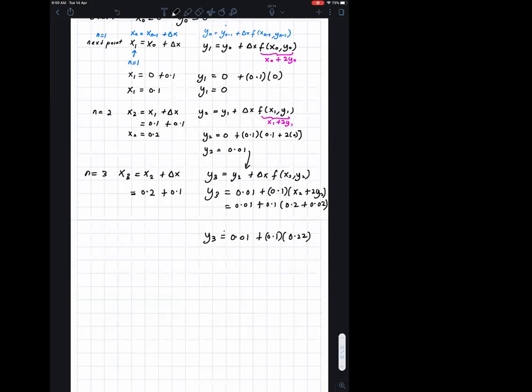Yes, 0.22, sir. How much is that, Y3 then? 0.042? 0.042.